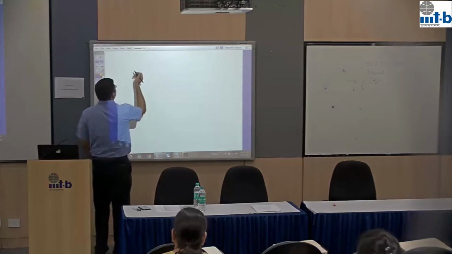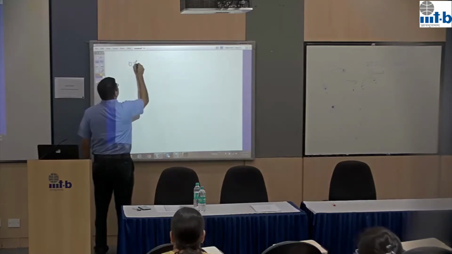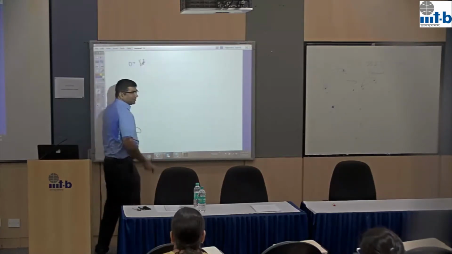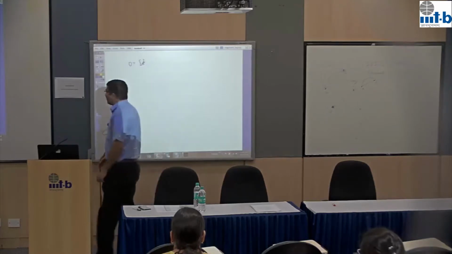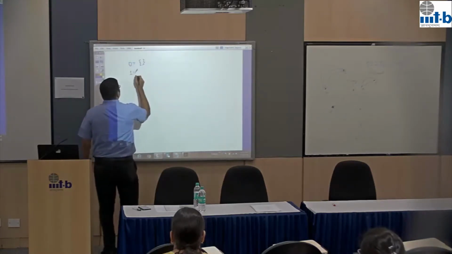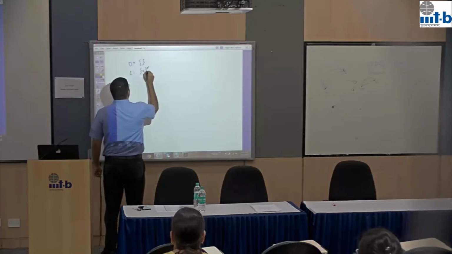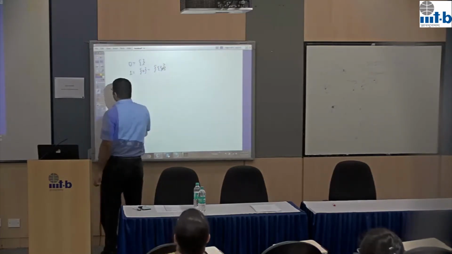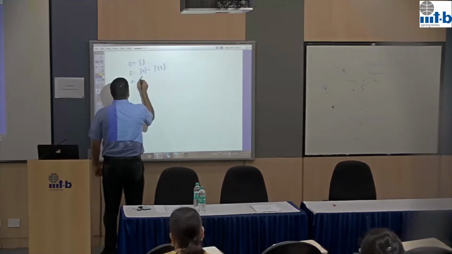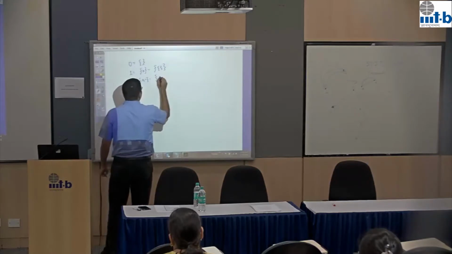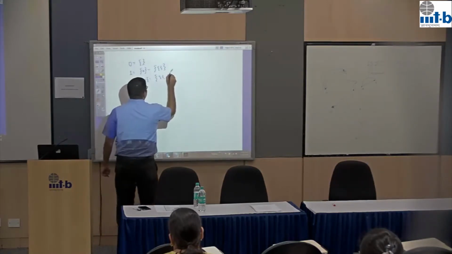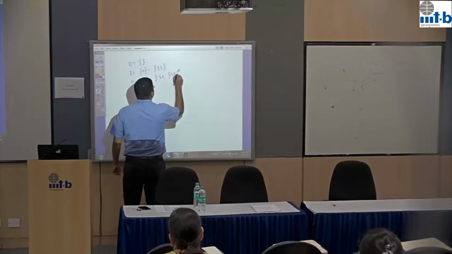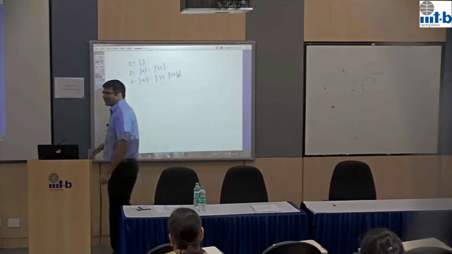So Hilbert numbers basically look like this. 0 is the null set, okay, and 1 is a set that contains 0, which is basically a set containing the null set. Okay, 2 is a set that contains 0 and 1, which is the set containing the null set and the set containing the null set again. Okay, so something like this.